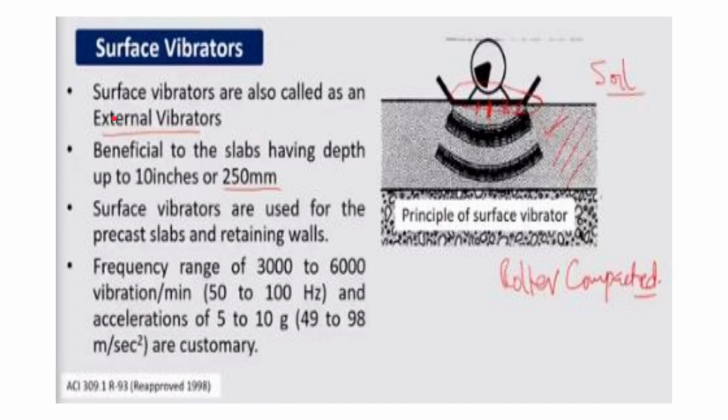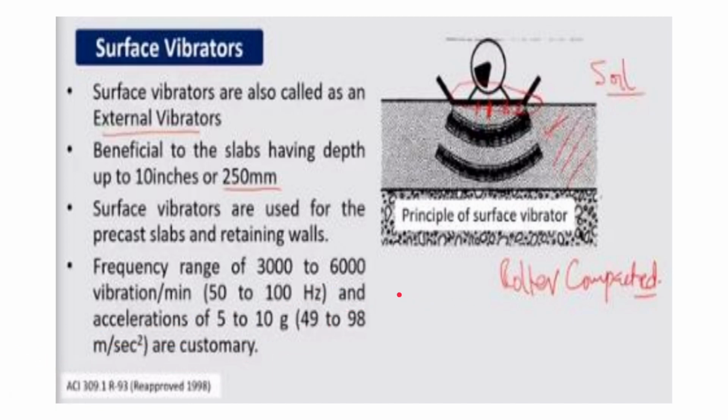Apart from that, there is the surface vibrator. Surface vibrators are also called external vibrators, because they are used externally on the surface. They are beneficial to slabs having depth up to 10 inches or 250 mm. Surface vibrators are used for precast slabs and retaining walls. A frequency range of 3000 to 6000 vibrations per minute, that is 50 to 100 hertz, and accelerations of 5 to 10 G, that is 49 to 98 meter per second square, are customary.